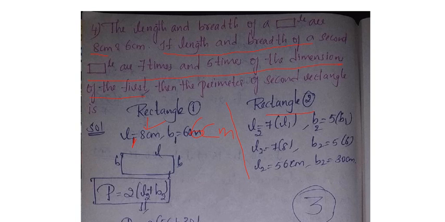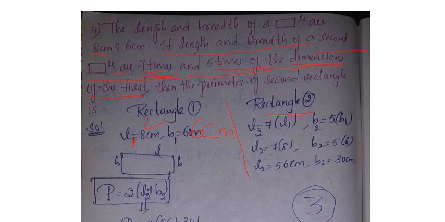Again moving to the second one, what data have they given? The length and breadth of the second rectangle are 7 times and 5 times the dimensions of the first. So the second rectangle's length is 7 times the first. So length L2 means the length of the second rectangle, equal to 7 times the first, no? So 7 times the first one is L1.